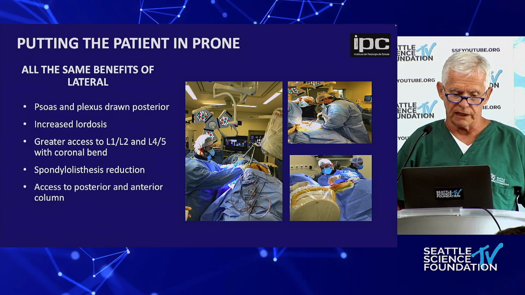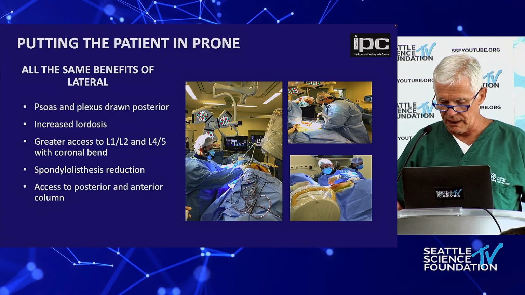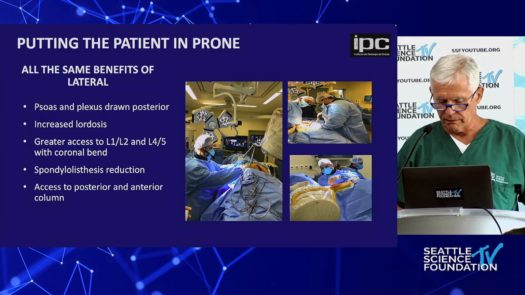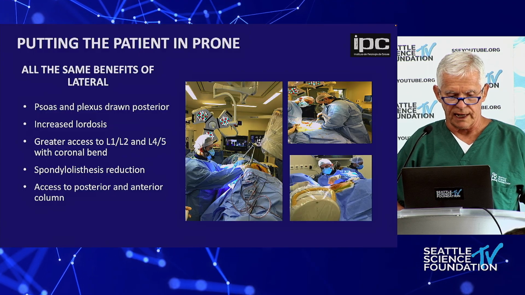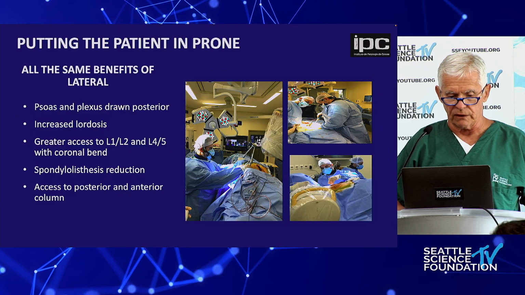When you place a patient in prone, the advantage is basically what you heard here all day. The psoas comes back, and the plexus is also slightly more posterior. We have better access to L1-2 and L4-5.